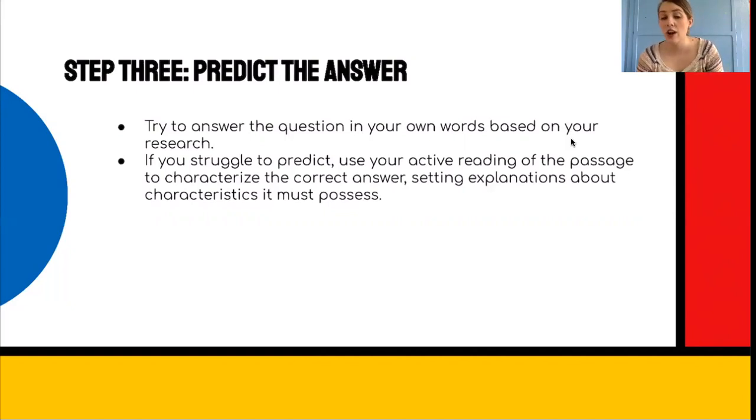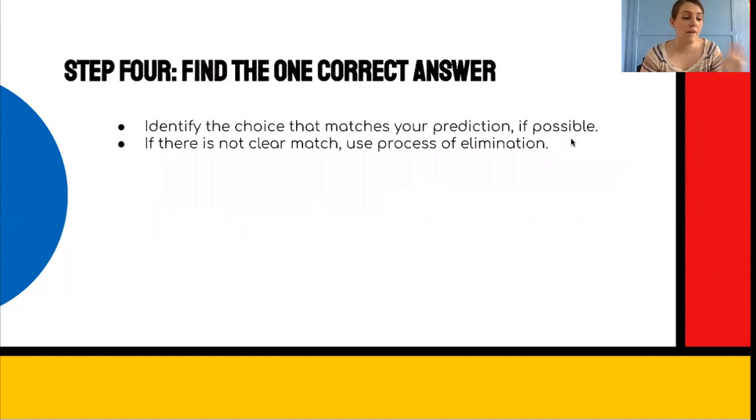But again, we're going to try to predict the answer so that for step 4, then we can read through the choices and find the answer that matches ours the best. If not, you're going to use process of elimination to solve or just throw in a guess. For these, you want to be so careful to answer the question before you read the choices so that you aren't thrown off by the intentionally misleading choices that are in there.